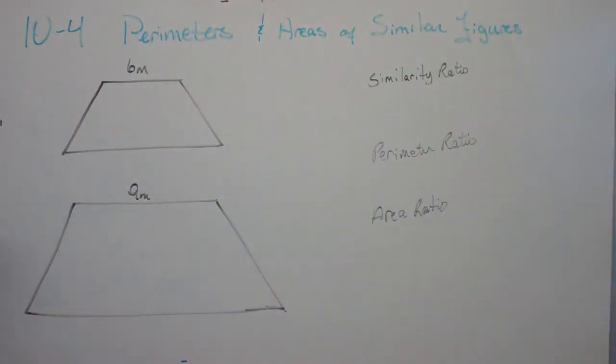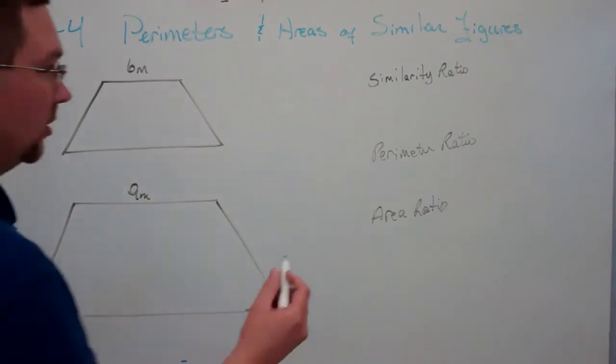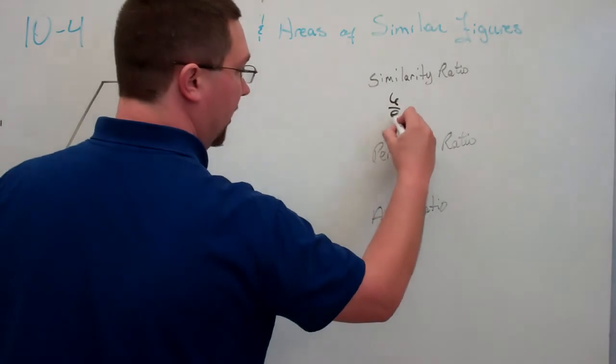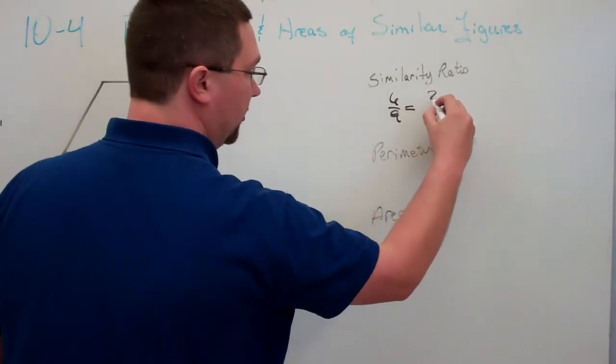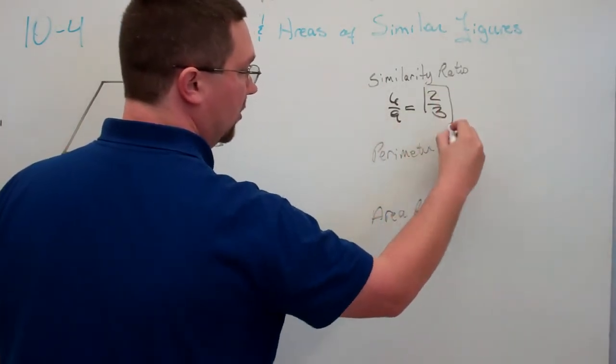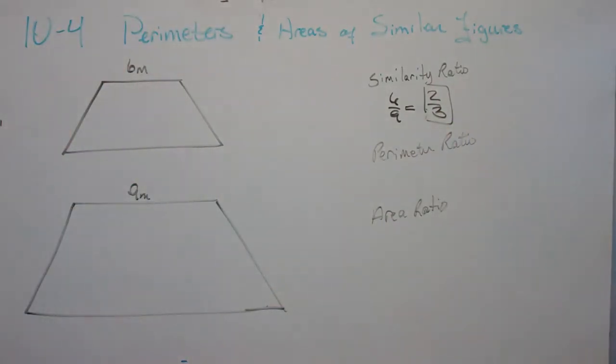Now, like I said, we already know they're similar, so the similarity ratio would simply be 6 over 9, which reduces down to 2 over 3. So our similarity ratio for these two trapezoids is 2/3.